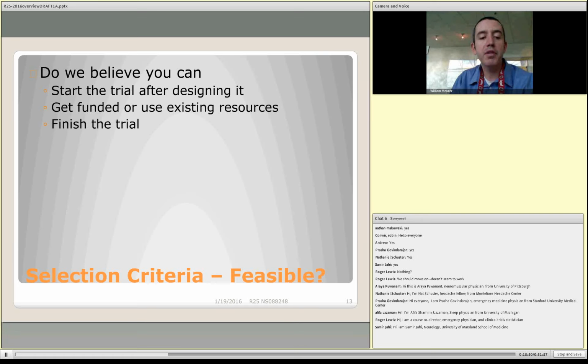If your pathway is that you want to do a 20 site, $10 million multi-site clinical trial, that might be reasonable, but again, we would want to be seeing something like a plan for how you might be working with a senior PI in a multiple PI plan, as that would be a relatively tough sell for an investigator who's new to clinical trials to get something like that going.